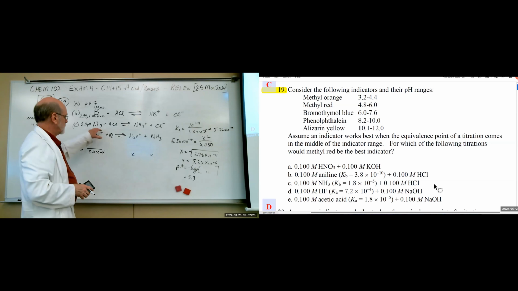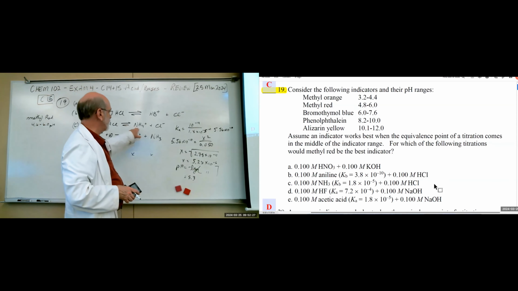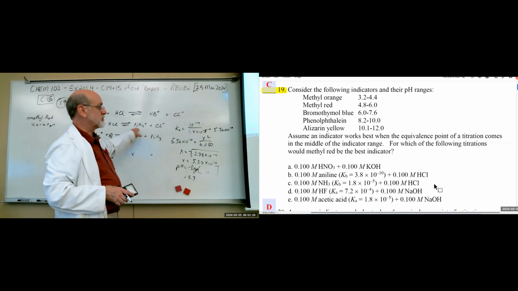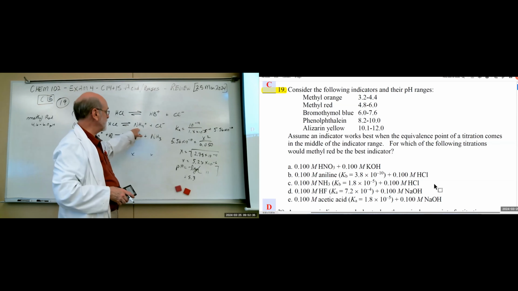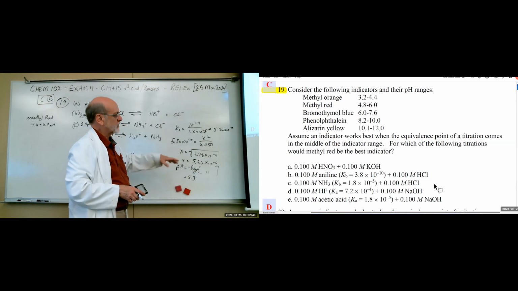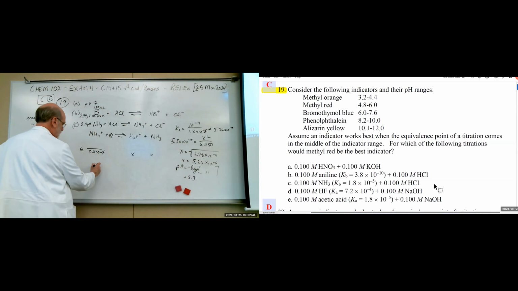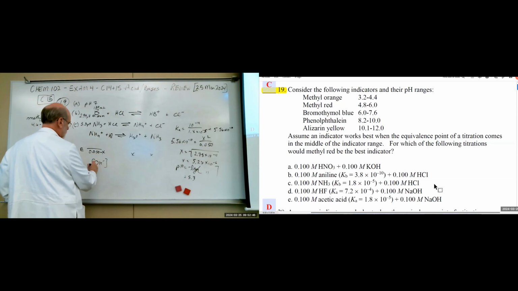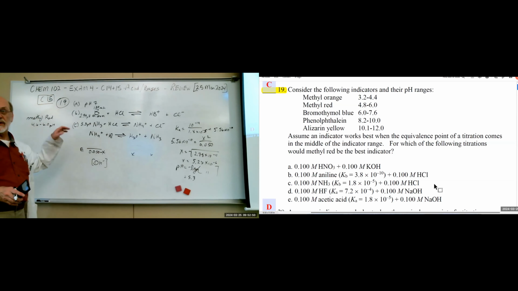HF would react with sodium hydroxide to produce F minus. Now what you need is the Kb. We got the Ka for HF, we need the Kb. And then you would end up with the same type of calculation, only with HF, you would end up with hydroxide ion concentration, pOH, then you convert it back to pH, and you'd compare.